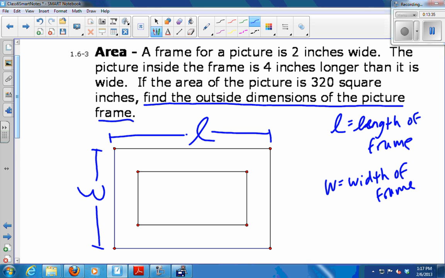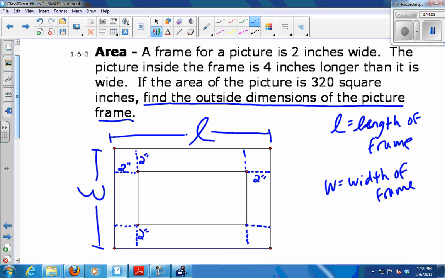Okay, so now we're going to try to draw into the picture all this other given information. So I know that it's 2 inches around. So I know that this distance is 2 inches, and I know that this distance is 2 inches. In all of these corners, 2 inches.